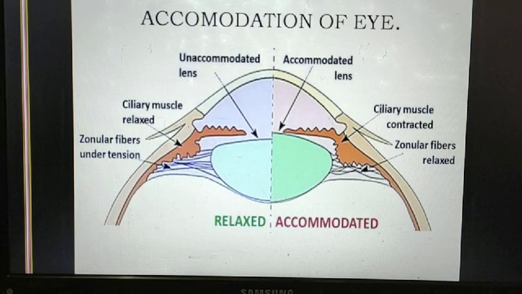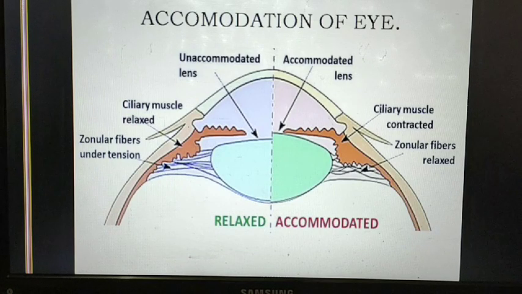When the eye is at rest, the ciliary muscles are relaxed and the lens is stretched and has a long focal length and is adapted for viewing distant objects.